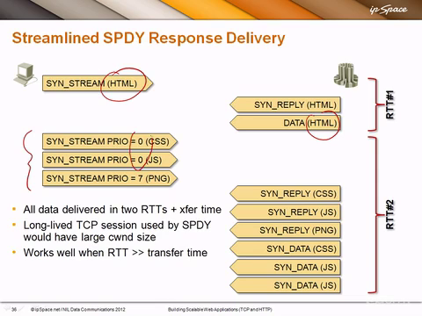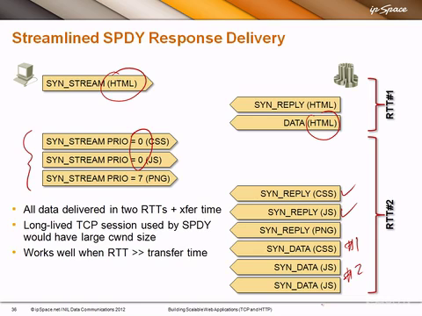And with the priority, you ensure that first you get CSS, and then you get JavaScript, and then you start getting the image data. So this works really well when the transfer time is smaller than the round trip time, because you get all the data you need for a web page in 2 round trip times.